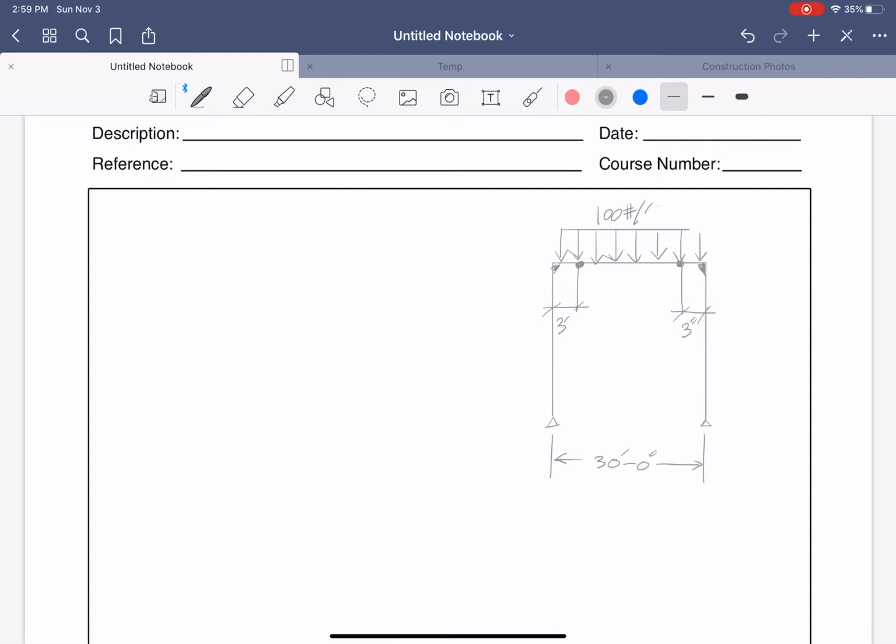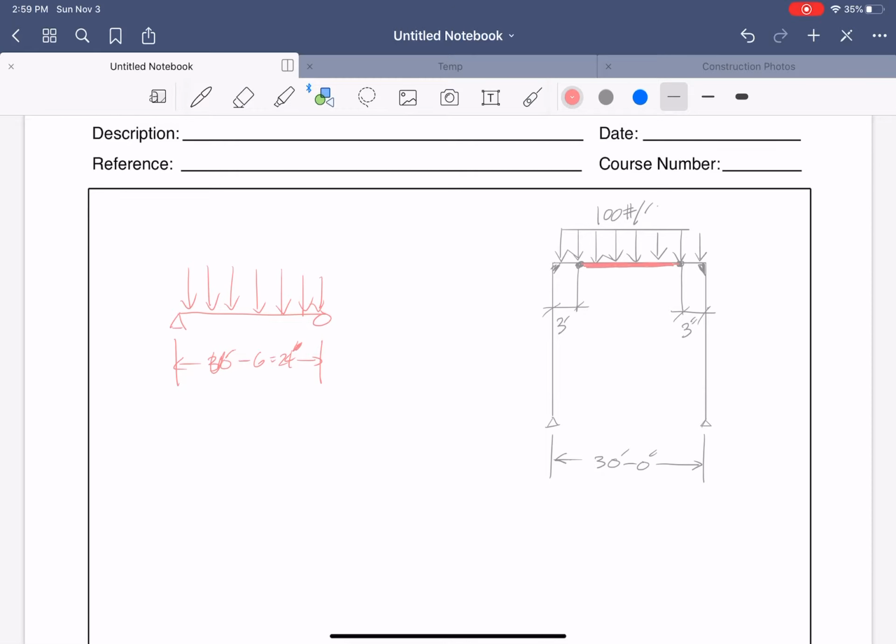So what we see in red, that distance is going to be 30 feet minus 10% times 10%, which is 6, is equal to 24 feet in width.